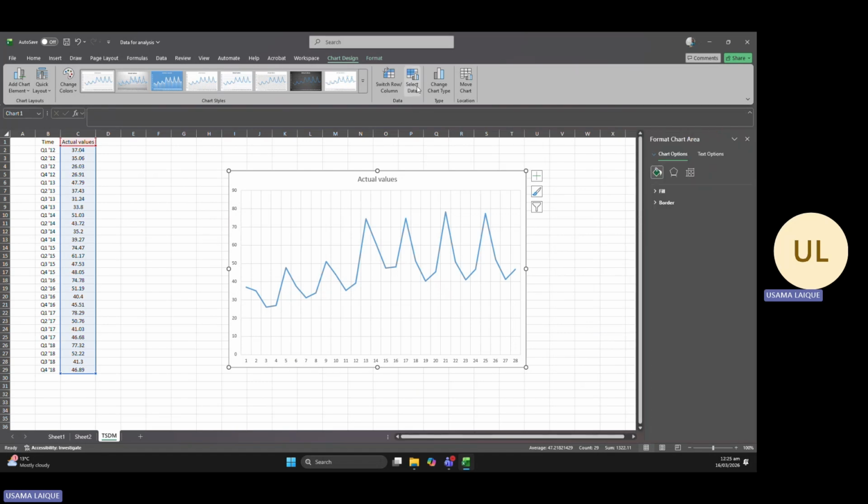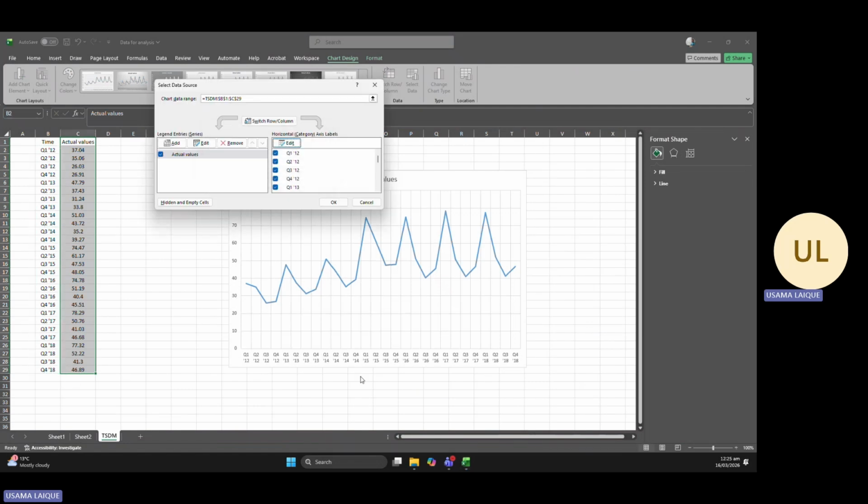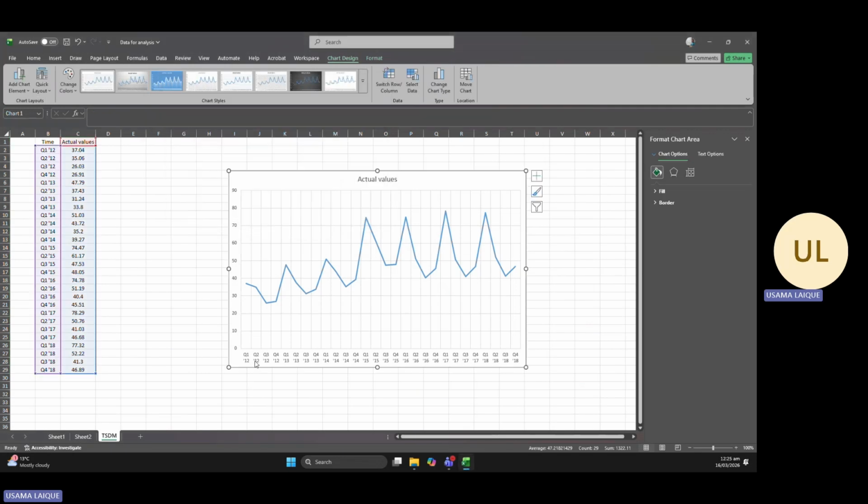I'll select the data type and tell Excel to take these values. So here you go. The first peak appears in quarter 1 and the second peak appears in quarter 1 2013. This means the next peak appears within 1 year. Then again, if we follow that pattern, the next peak appears somewhere in quarter 1 2014, and then the next around quarter 1 2015, and so on and so forth.